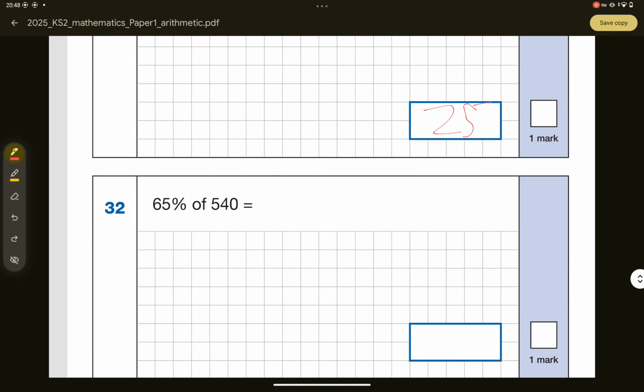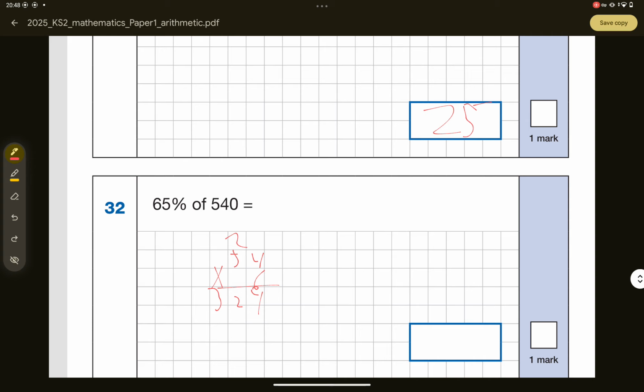65% of 540. Work out 10% and 5%. And then work out 60%. So 10% is 54 times 6, and then 24, 30, 32.